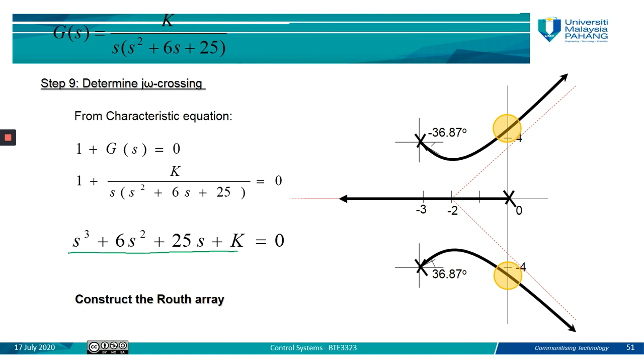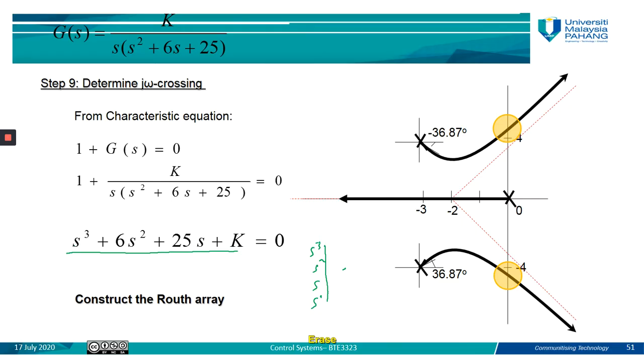We are going to construct the Routh array for this equation, which means we find the rows s cubed, s squared, s, and s to the 0. So s cubed has 1 and 25, and s squared has 6 and k.